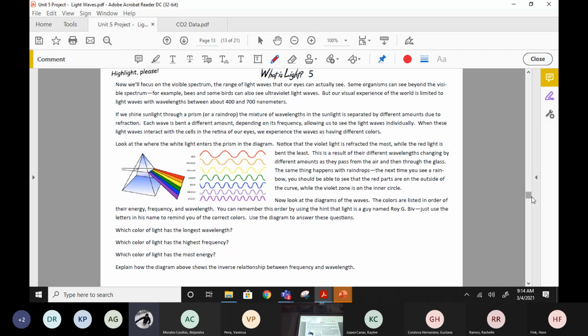So look through the narrow end. And you should be able to see, when you look in different directions, a rainbow kind of appear and disappear, depending on what light you're looking at.